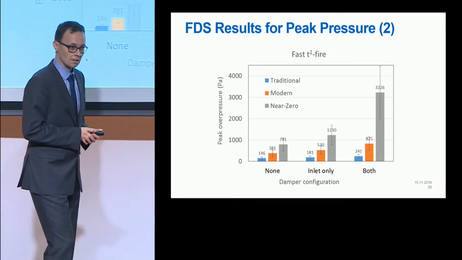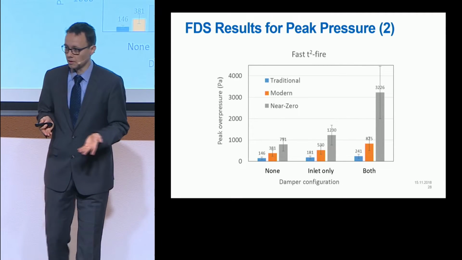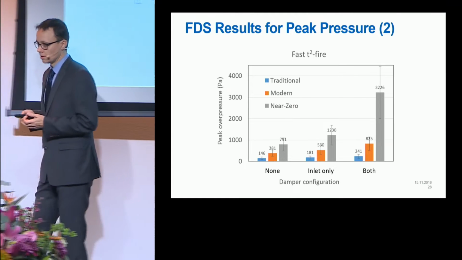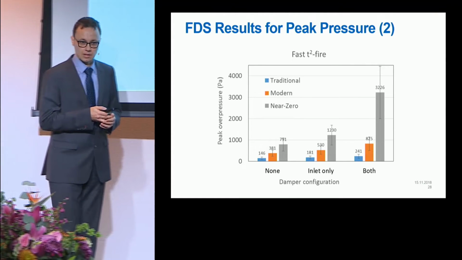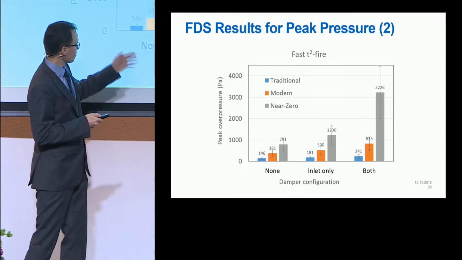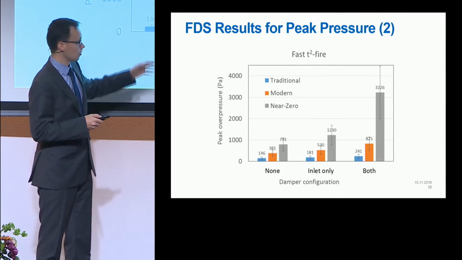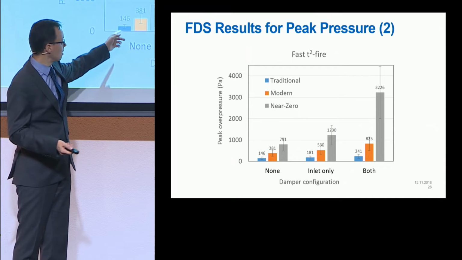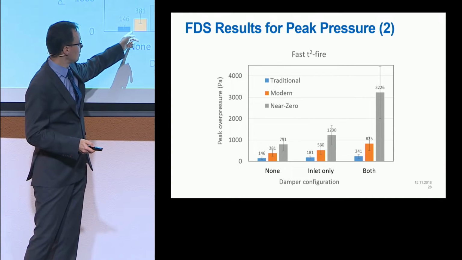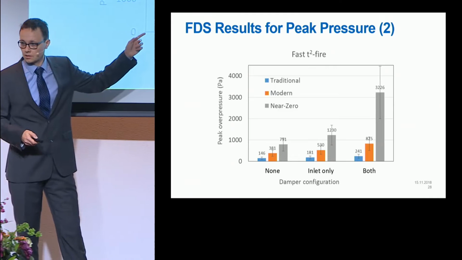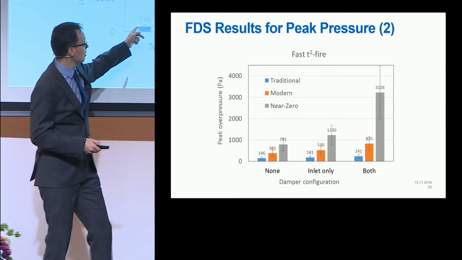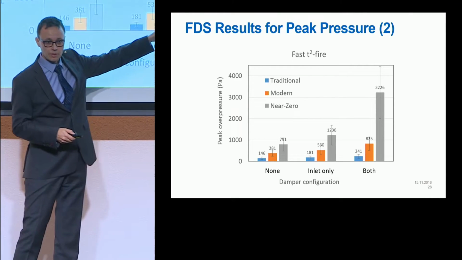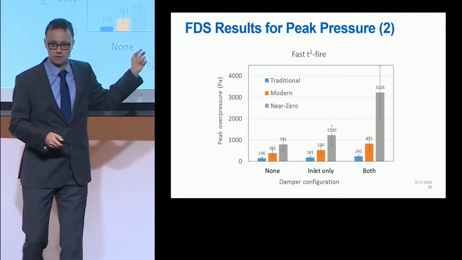It means that no matter how we define our ventilation system, we cannot provide safe escape. However, there's a great difference, or actually, in only one of the scenarios we would expect structural failure.